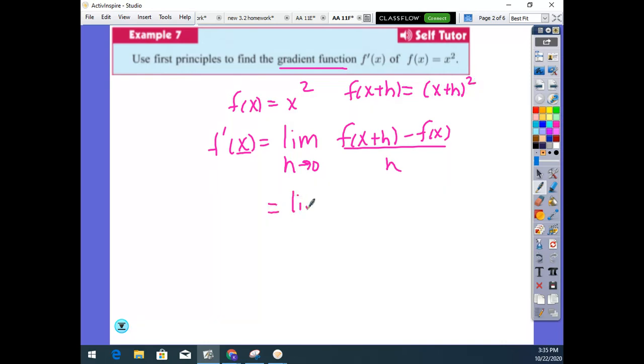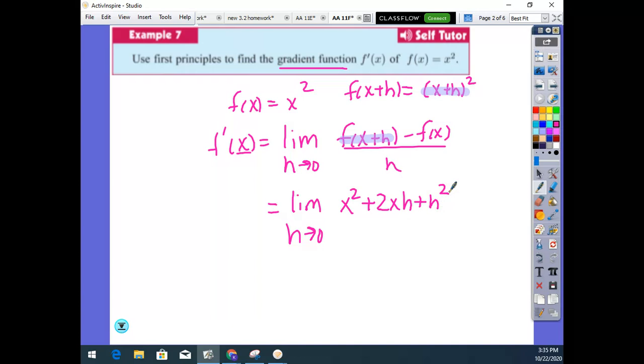So I have to keep the limit as h approaches 0. F of x plus h is x plus h squared. I'm going to simplify that though. So that's x squared plus 2xh plus h squared, just distributing all of it out, minus f of x, but f of x just equals x squared, all over h.